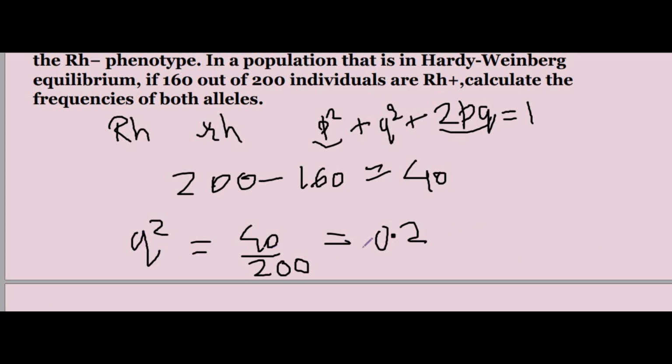So q square is 0.2, so q will be equal to the square root of 0.2, which comes out to be 0.45.